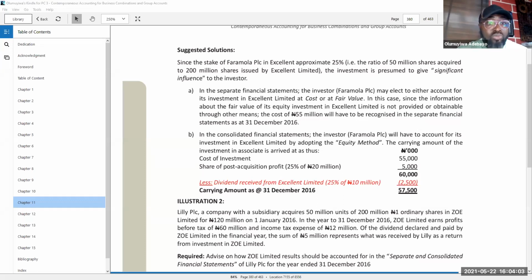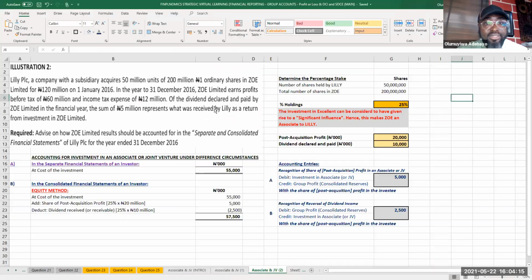Now, in this case, how will you account for this investment in the separate financial statement? It's still at cost, but the cost now is 120 million.